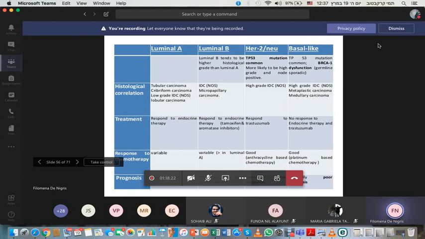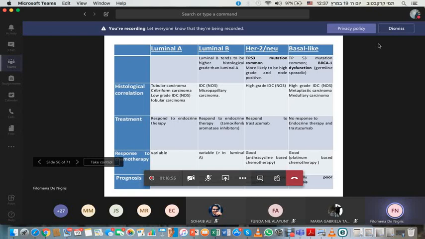So the stratification of patients on the basis of the markers that I showed you helps to make the right decision about the treatment and how to monitor the patients. Of course, the patients positive to estrogen and progesterone hormone have a good prognosis. They are treated with hormone therapy.